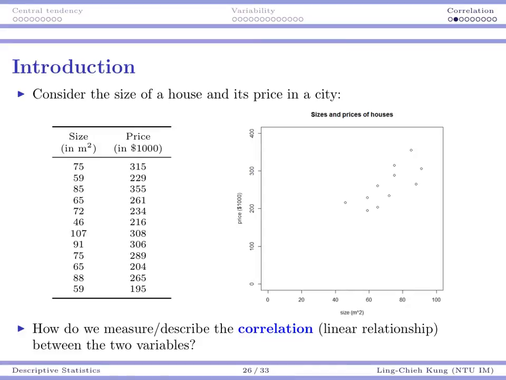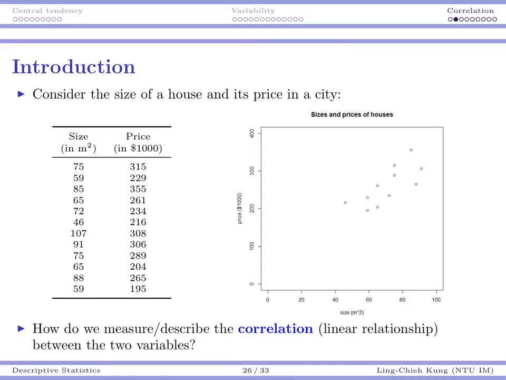So, graphs are helpful for us to get intuitions, but we also need some numbers that help us to decide the degree of correlation. So we want to measure or describe the correlation between two variables. Correlation will be defined precisely later, but basically we say correlation is a kind of linear relationship.